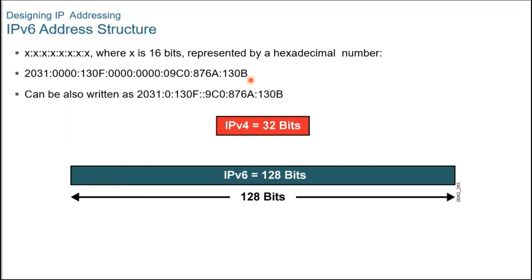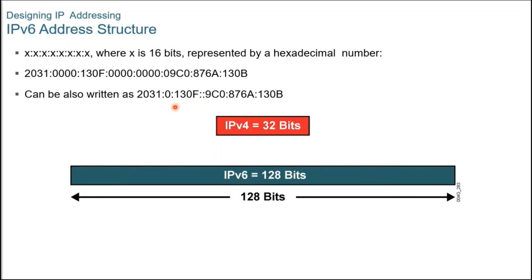The key point here is, fortunately, you can shorten the written form of IPv6 addresses. Leading zeros within each set of 4 hexadecimal digits can be omitted, and a pair of colons can be used, once within an address, to represent any successive zeros. For example, the previous address can be shortened.